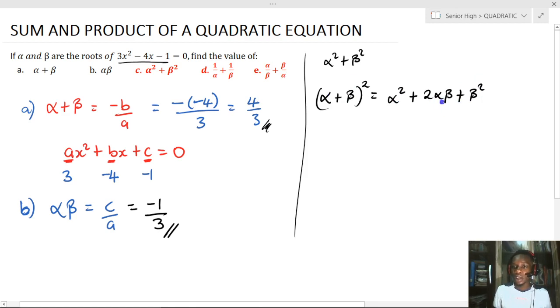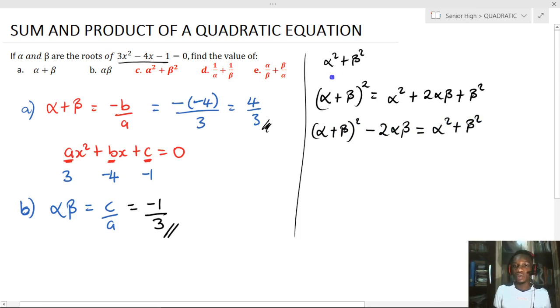So to make alpha square plus beta square the subject of our equation, I will take my plus 2 alpha beta over to the other side, and it will become minus 2 alpha beta. So that will give us alpha plus beta raised power 2 minus 2 alpha beta. When plus 2 alpha beta crosses over to the other side of the equation, then we have alpha square plus beta square.